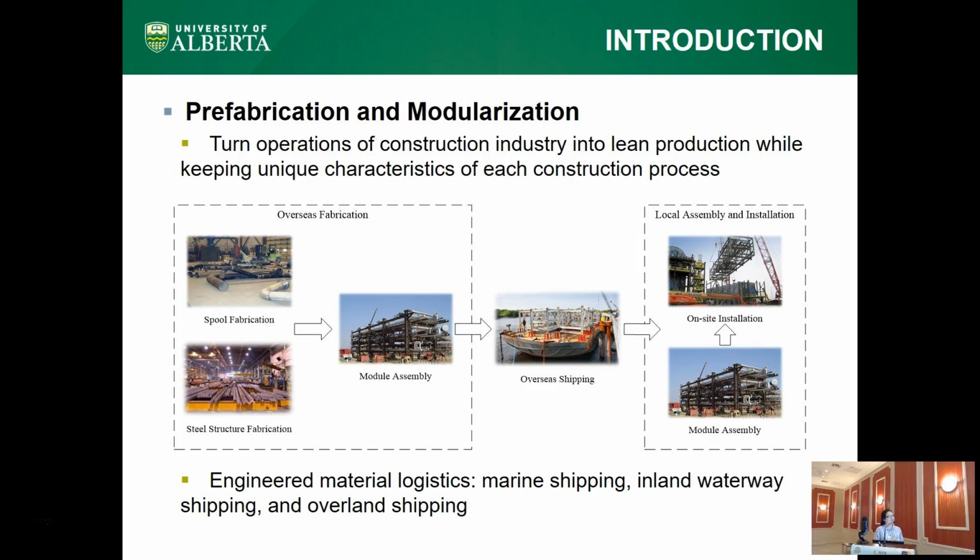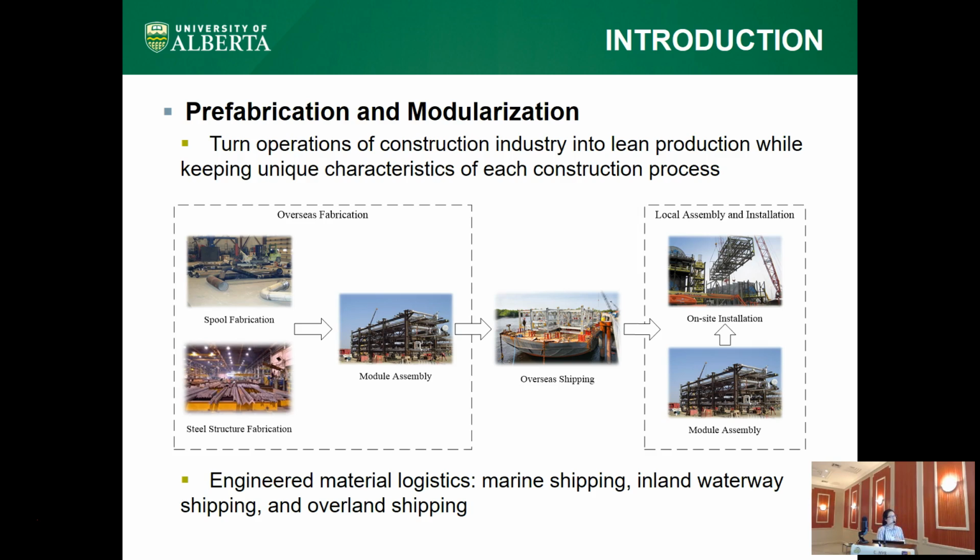The pipe spool fabrication and the structure steel fabrication are normally undertaken by overseas vendors, such as in South Korea and China, because of the lower labor cost and the convenient steel procurement. After finishing the prefabrication, these components are assembled into small modules in the overseas module assembly yard.